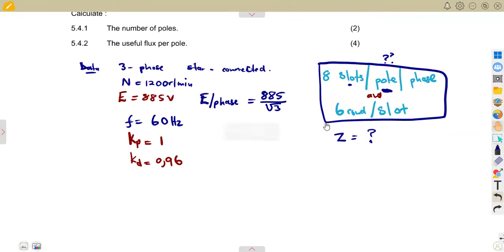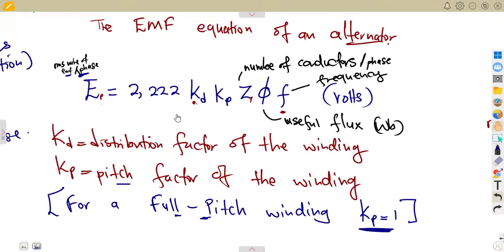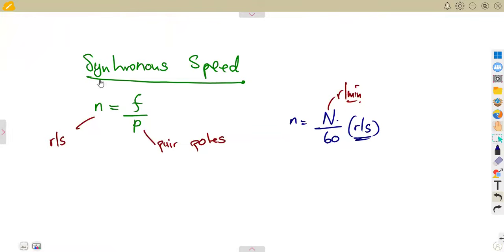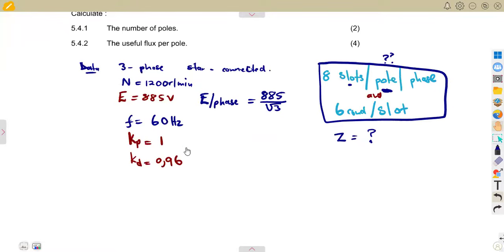Calculate the number of poles. So you wonder, how can I calculate the number of poles with this formula alone? Guys, remember I talked about the synchronous speed. N is equal to the frequency over the pair poles. With this formula, we can calculate the pair poles.